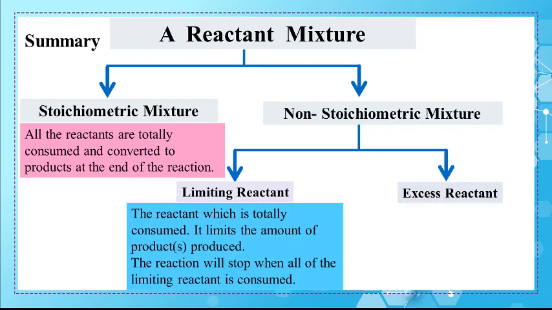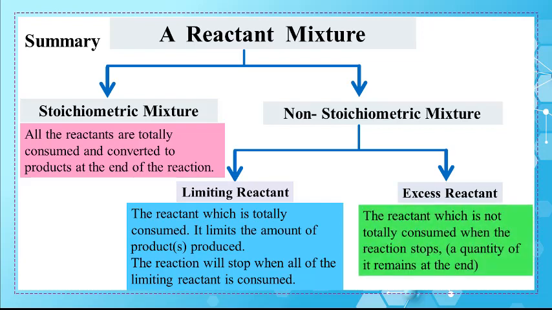The limiting reactant is totally consumed. It limits the amount of products produced. The reaction will stop when all the limiting reactant is consumed. The excess reactant is not totally consumed when the reaction stops. That's to say, a quantity of it remains at the end of the reaction.